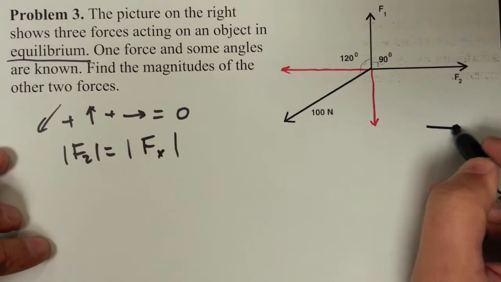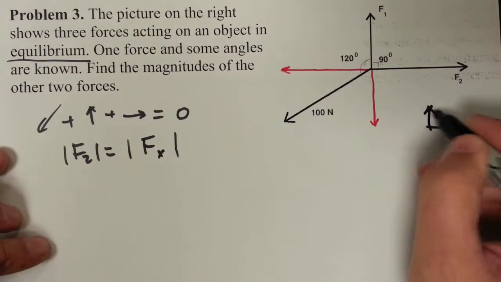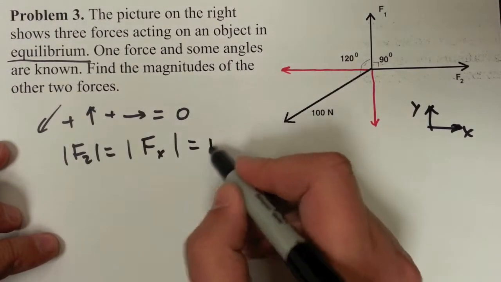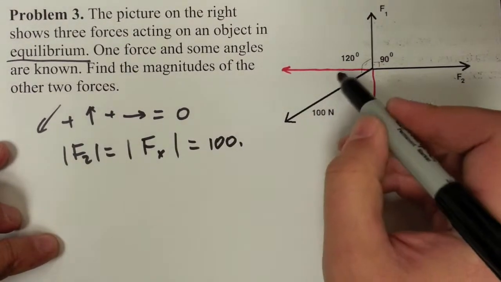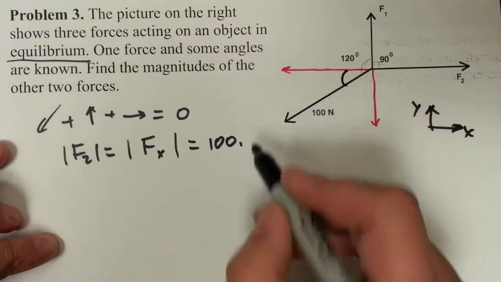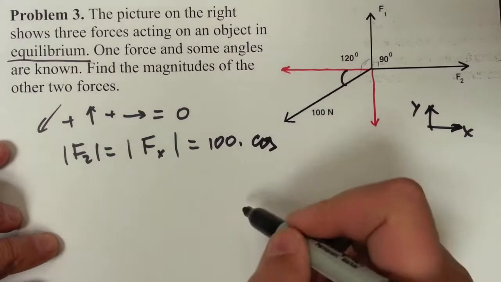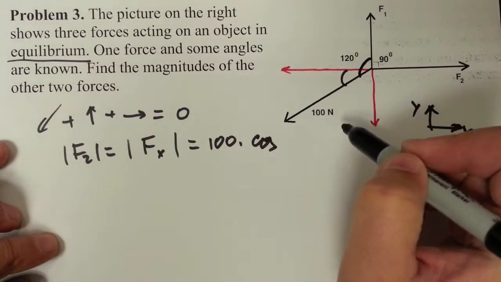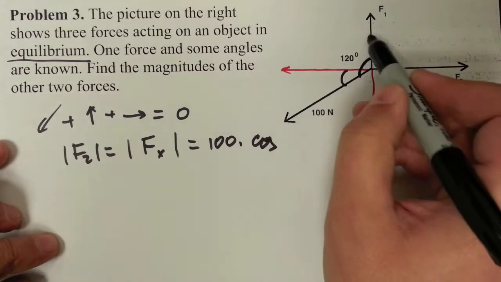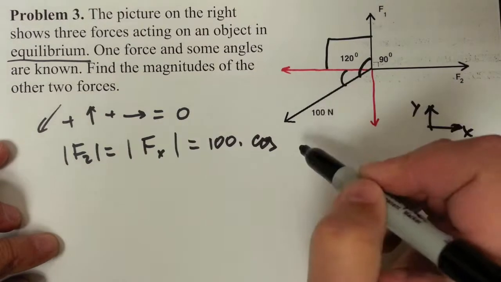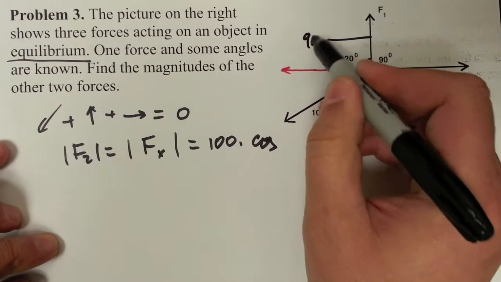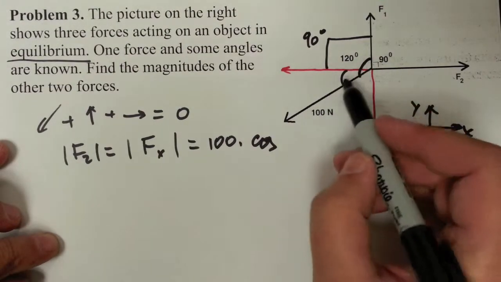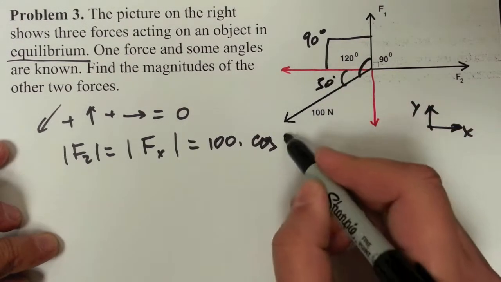Well, we choose natural directions, x and y, which has to be equal to 100, which is hypotenuse, times cosine of this angle. So if from here to here this angle equals 120 and this angle equals 90 degrees, x and y axes are perpendicular to each other. So 120 minus 90, this angle equals 30.